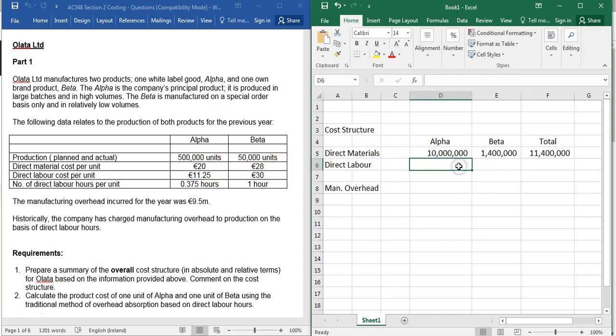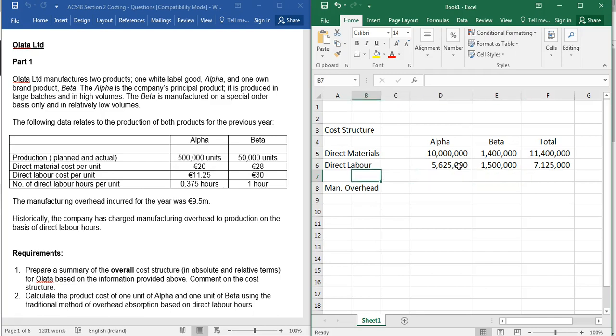Exact same logic then for alpha. It's 500,000 units times 11.25. And 50,000, should I say, units of beta times 30. So it costs more labour per unit for beta than it does for alpha. So now we have the direct labour for alpha and beta, and the total direct labour then is about 7 million.